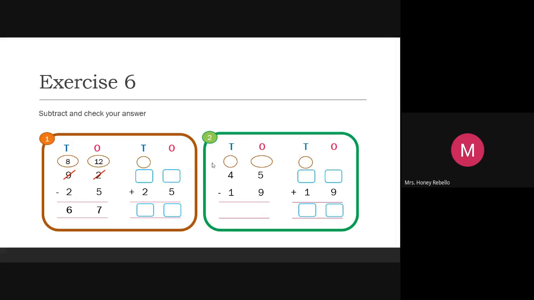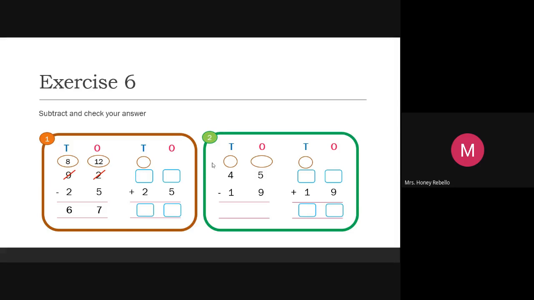92 minus 25. You cannot take 5 from 2. So you have to borrow from 10's place. So 2 will become 12. 10 plus 2, 12. 9 will become 8. 12 minus 5. After 5, you count till 12 in your mind. When you count, you just open your fingers and see.